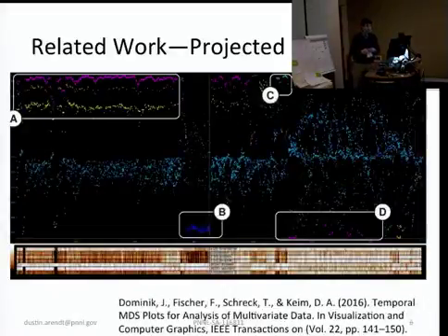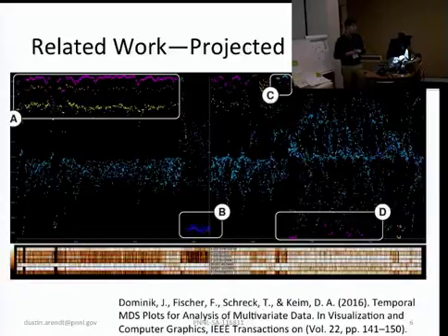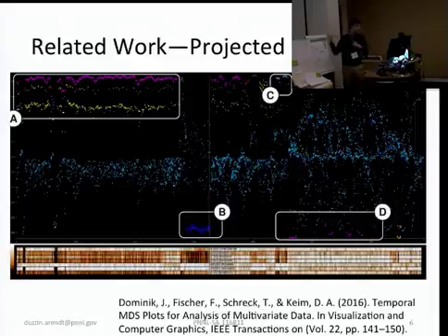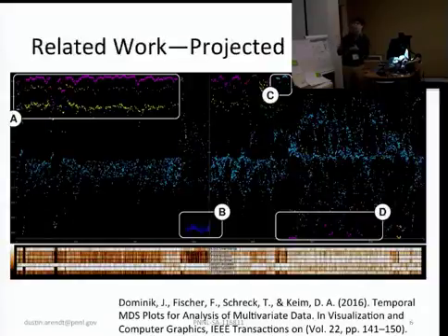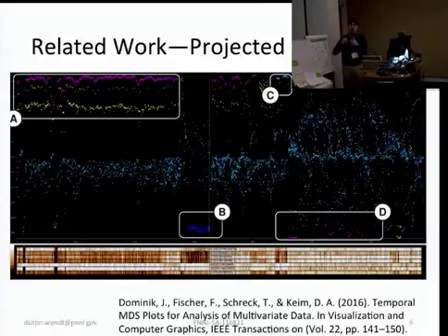Along these lines is this work, which came out this year in VAST. I remember seeing this paper. Basically what they do is they run multidimensional scaling in time windows independently. So you get this one-dimensional spreading out of your data points based on similarity.